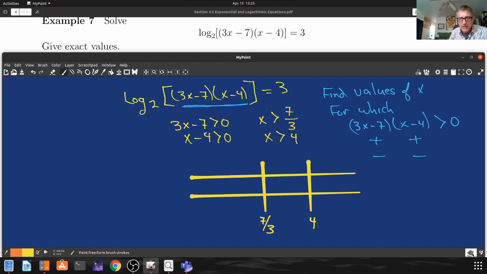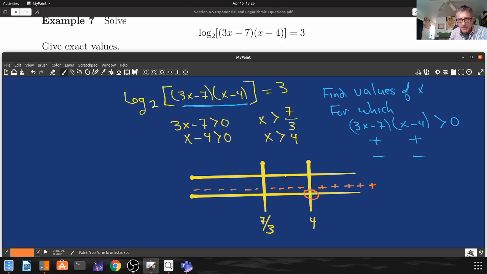So let's look at x greater than 4. So this factor is positive if it's greater than 4 and negative if it's less than 4. We don't include 4. You can remind yourself by putting that there.